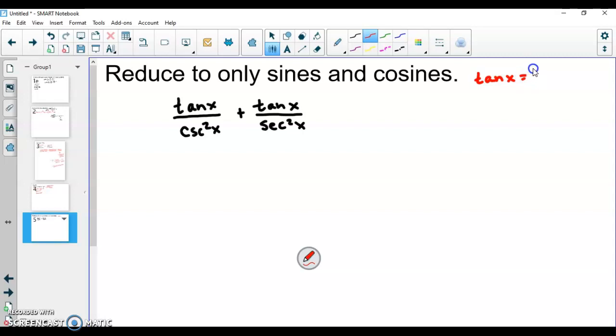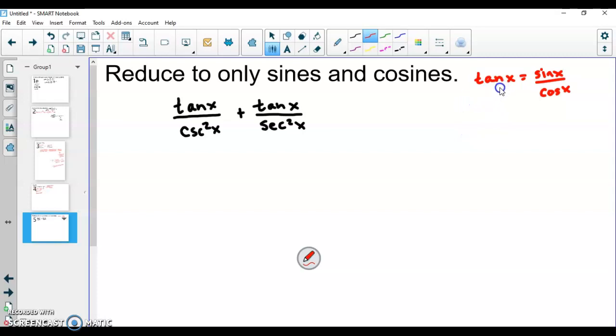So for this, I know from your formulas that tan x is actually equivalent to sine x over cosine x. That's one of those reciprocal formulas and identities that we have. And I know that cosecant is actually 1 over sine.